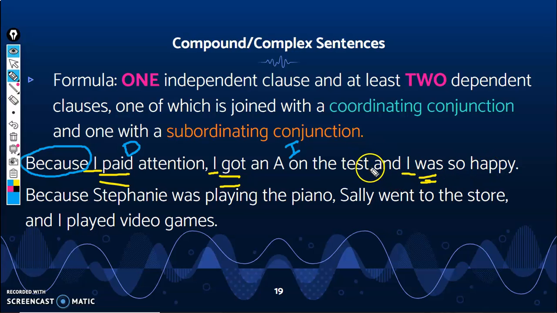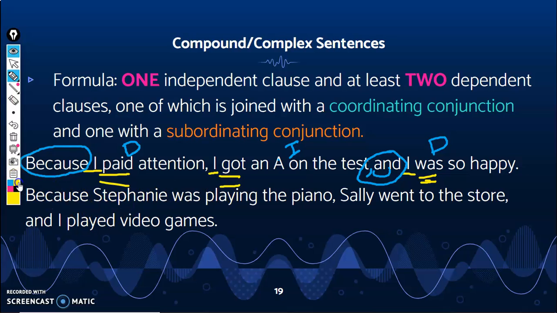And I was so happy. You can have the comma here if that helps, and you have the and, so it joins them together, making this the coordinating conjunction that pulls it all together. So this also would be a dependent clause. Okay, so dependent, independent, dependent. This is our subordinating conjunction and this is our coordinating, so one of each.